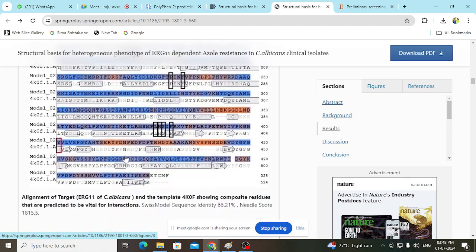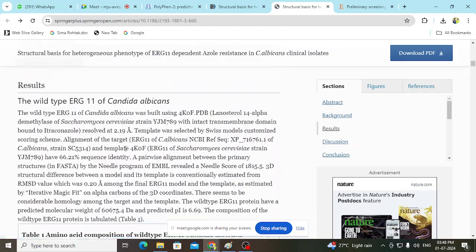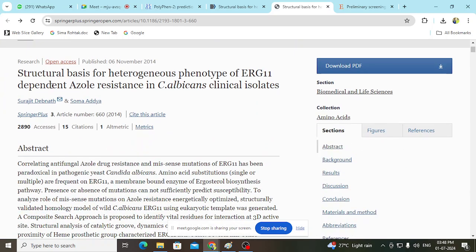This is the structure of the whole protein, ERG11, the enzyme which is responsible for, I'll give you the context, this azole resistance, that means resistance to azole drug, is due to a mutation in the ERG11 protein. Now ERG11 protein is responsible for production of cholesterol inside the fungi. That particular fungal cholesterol is called lanosterol. In human beings, cholesterol is known as cholesterol.